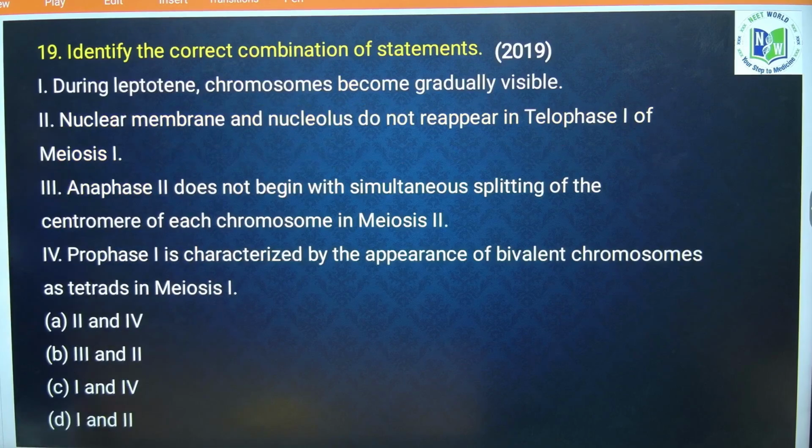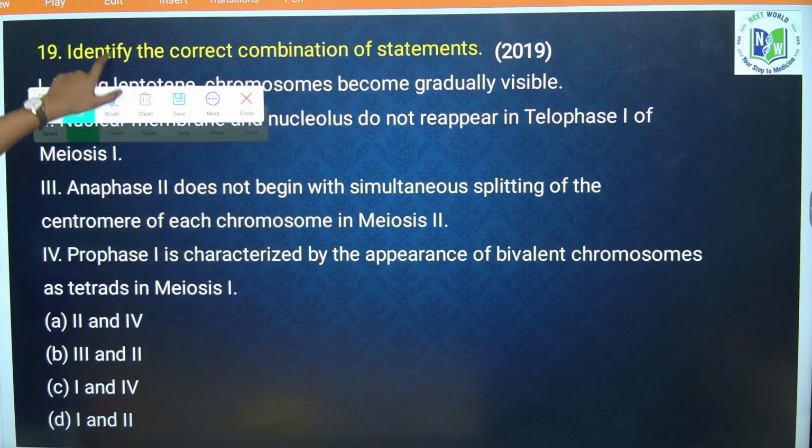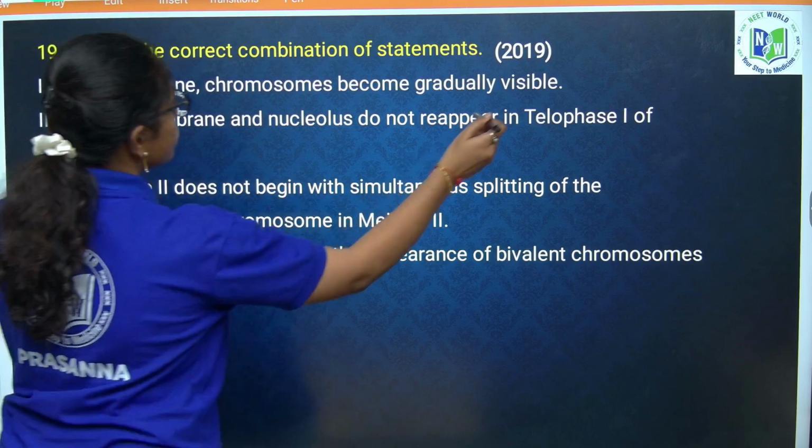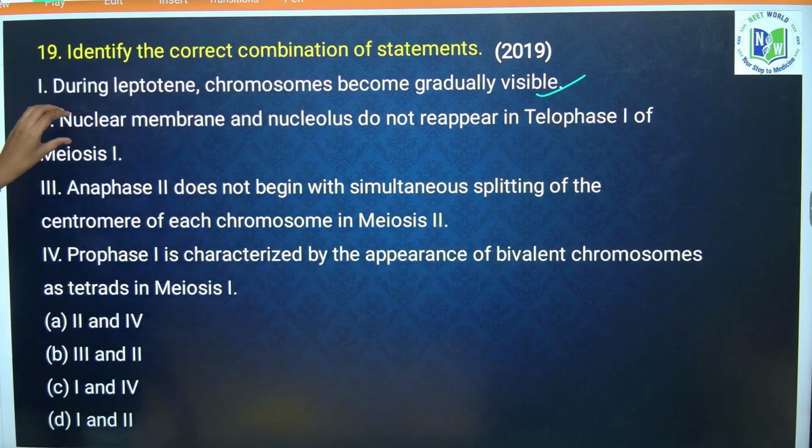Next question. Identify the correct combination of statements. During leptotene, chromosomes gradually become visible. True. Next, nuclear membrane and nucleolus do not reappear in telophase 1, they reappear.